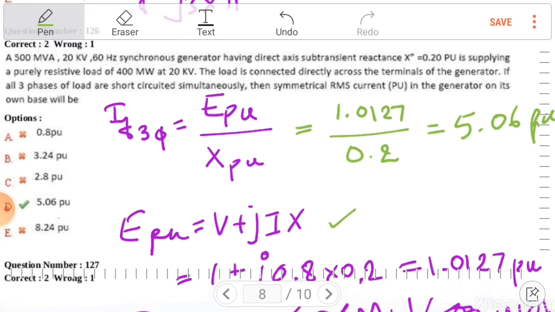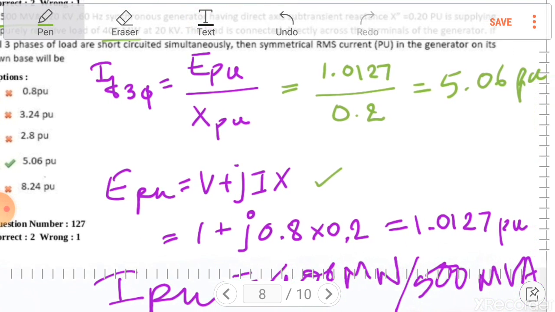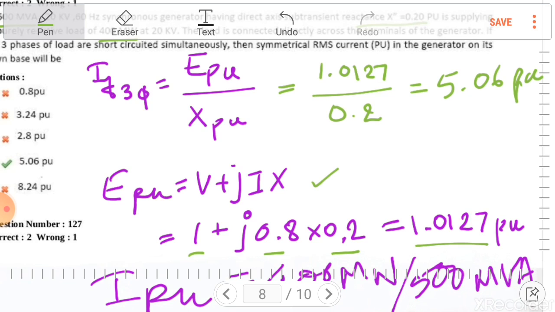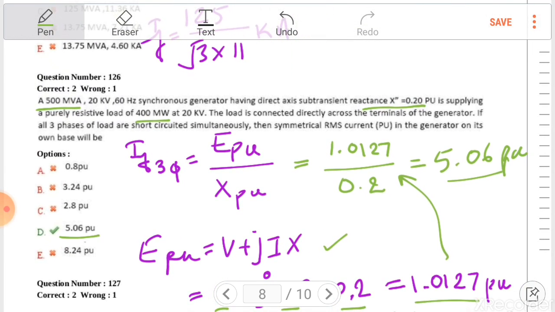The current can be determined from 400 megawatt given and the capacity 500 MVA, so 400 divided by 500, because the voltage is the same, so the current is 0.8. So 1 plus j0.8 per unit multiplied by the reactance in per unit, 0.2, the given sub-transient reactance. So the EMF is 1.0127 per unit. Putting in this formula, 1.0127 divided by 0.2, the answer is 5.006 per unit, the three phase short circuit fault current.